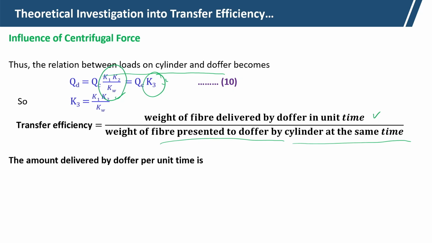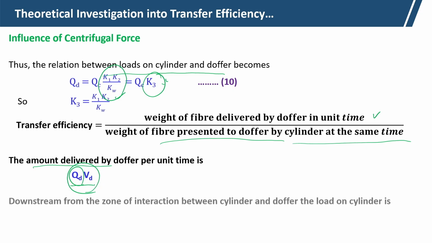So, the amount of fiber delivered by the doffer per unit time is Qd Vd. Vd is the speed and Qd is the load on the doffer per unit length. So, the total amount will be Qd multiplied by Vd.